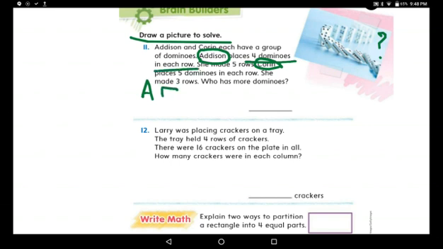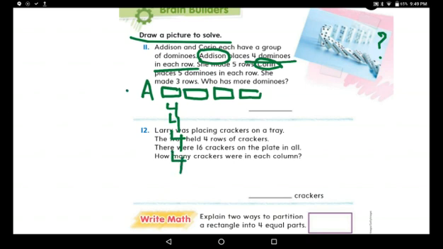Here 1, 2, 3, and 4 dominoes, right? How many rows? Addison made 5 rows. So for how many times am I gonna repeat number 4? I'm gonna draw here 4 dominoes, here 4 dominoes, here 4 dominoes, and 4 dominoes.